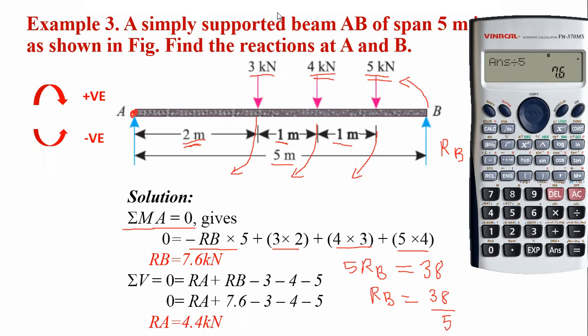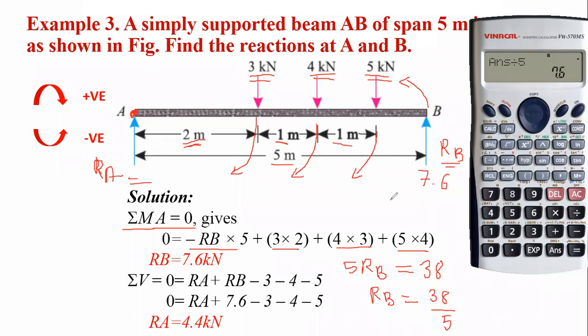Once you get this reaction Rb value, we have to find out reaction Ra. Rb value is 7.6 over here. Now what will happen? Every action has an equal and opposite reaction. It means that this 3, 4, 5 kilonewton load is the action, and the opposite reactions are reaction Ra and reaction Rb.